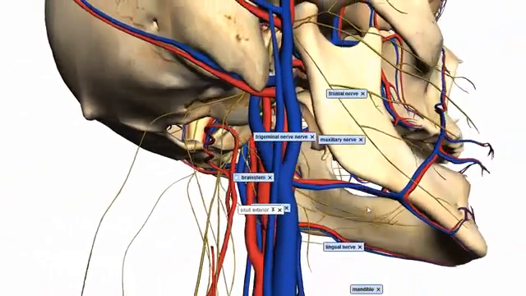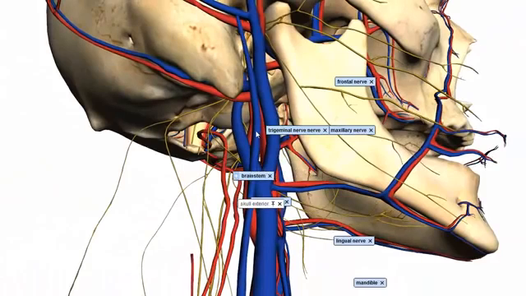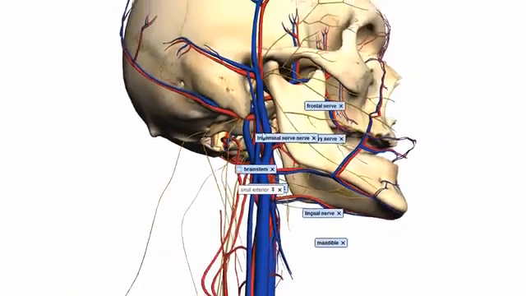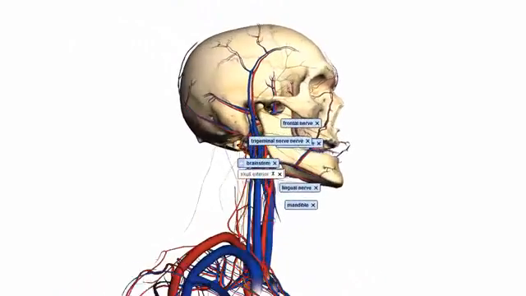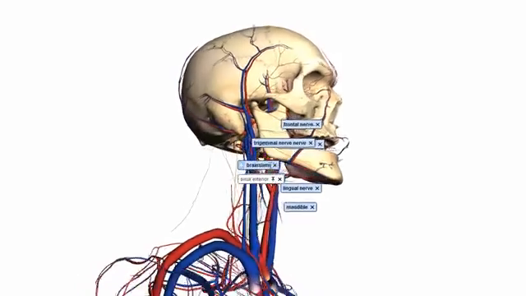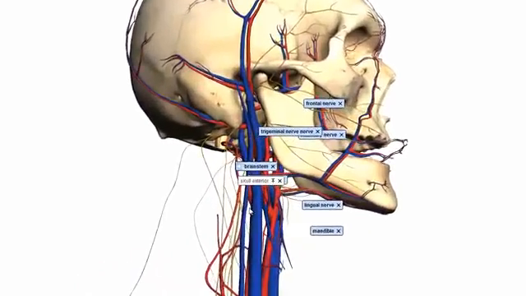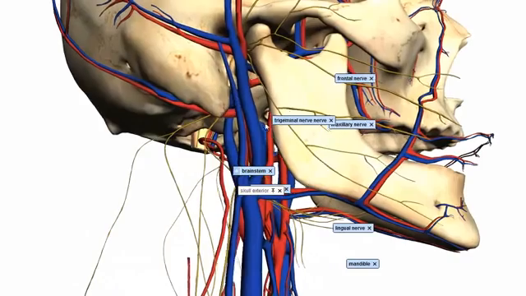Again, try and ignore all these labels and just look where my mouse is pointing. So you've got the internal jugular vein passing up here, coming off the superior vena cava, and then passing through the jugular foramen into the inside of the skull.